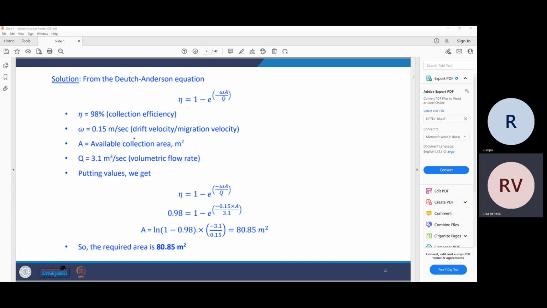So 1 minus 0.98 will be 0.02, right? So antilog of 0.02 will be equal to minus 3.91. So the minus of 0.15 will cancel out with the minus of 3.91, and then there's just cross multiplication, and we'll get the value of A as 80.85.